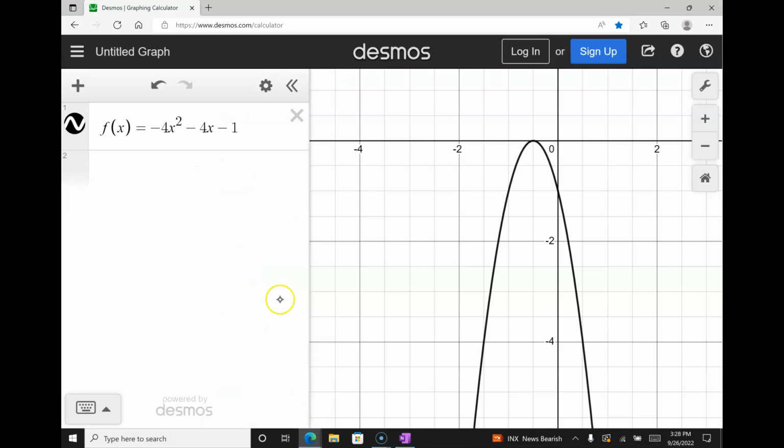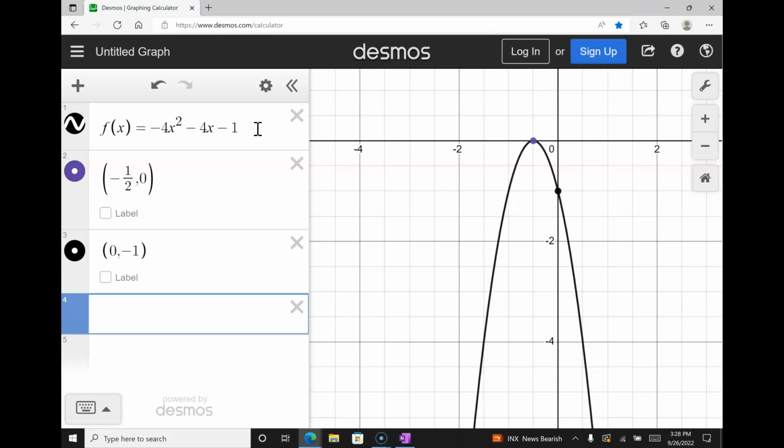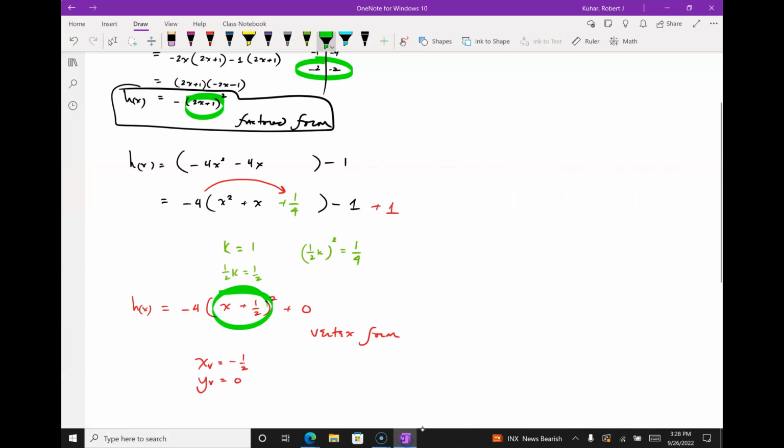So we like to label things here, right? So we had the vertex of (-1/2, 0). That happens to also be my x-intercept, if you didn't notice. (0, -1) is my y-intercept, right? There's really not much else to find there. What's my domain?